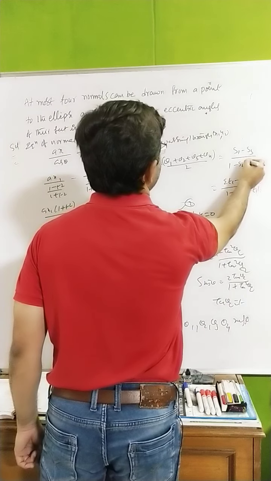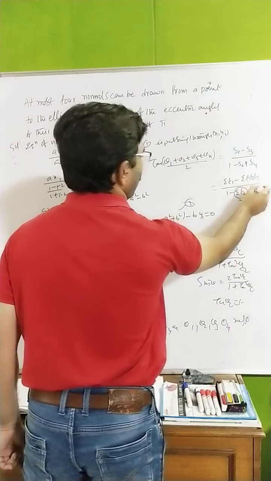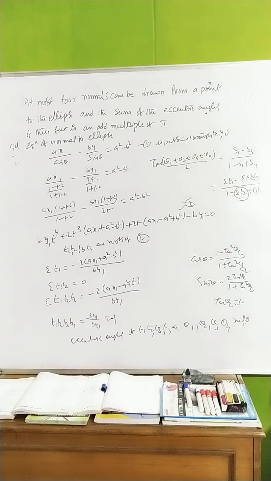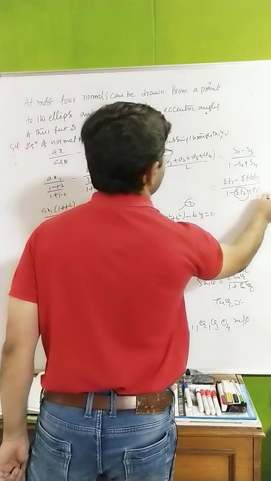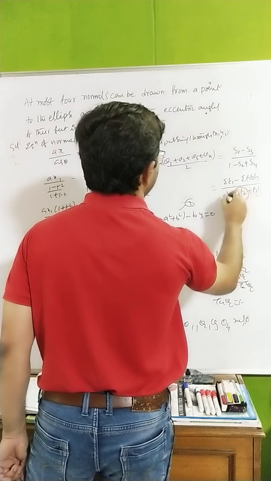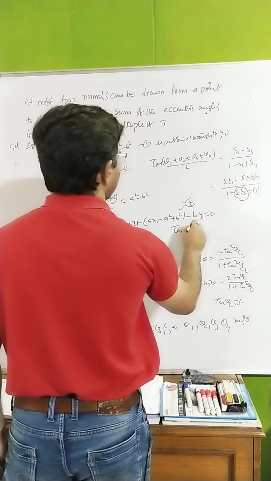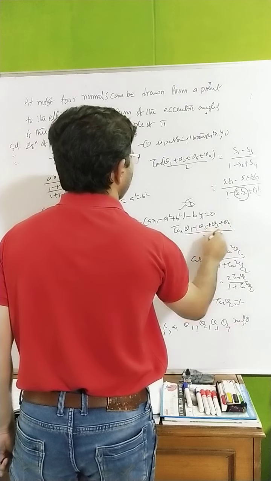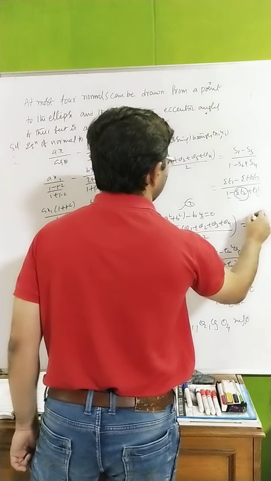I think I committed a mistake here, this is plus, sorry, extremely sorry here, I think s2 minus s4. So if this is plus and this is minus, therefore you are getting infinity, that means tan of (theta 1 plus theta 2 plus theta 3 plus theta 4) divided by 2 is infinity.